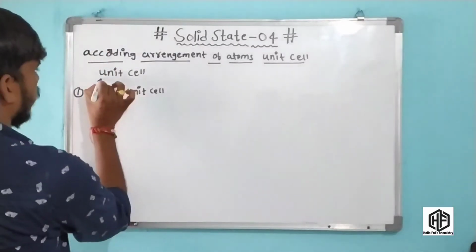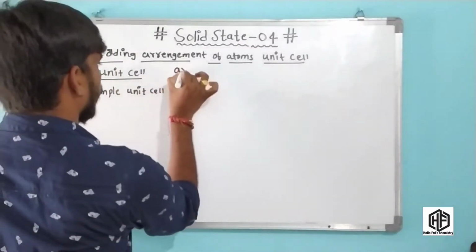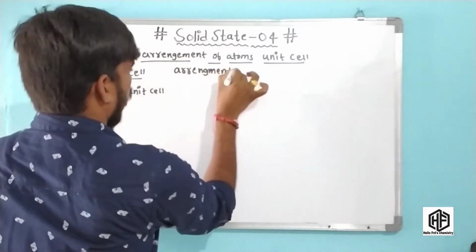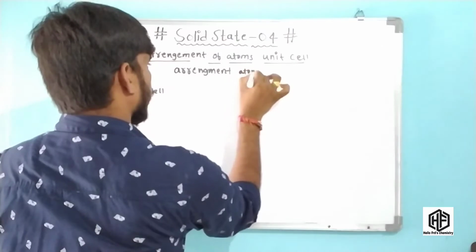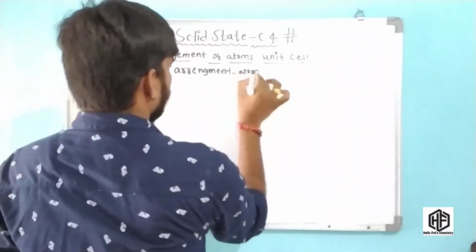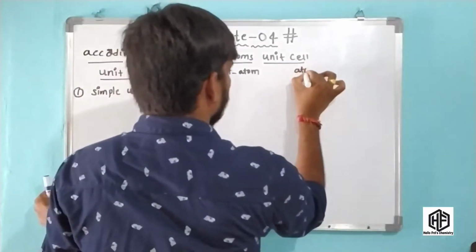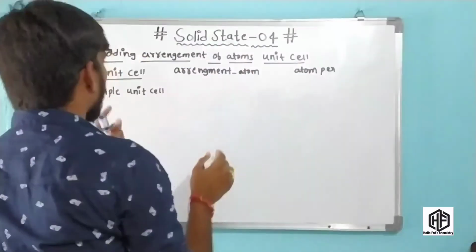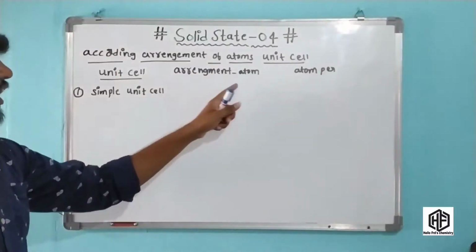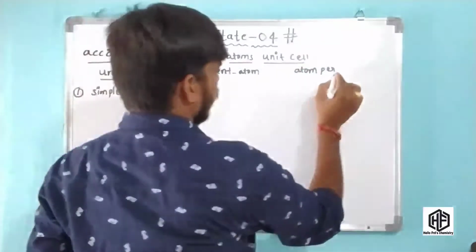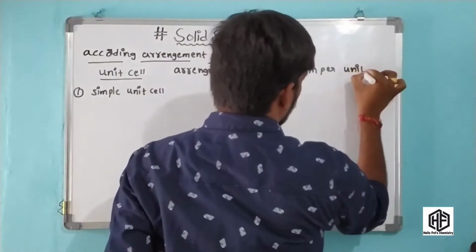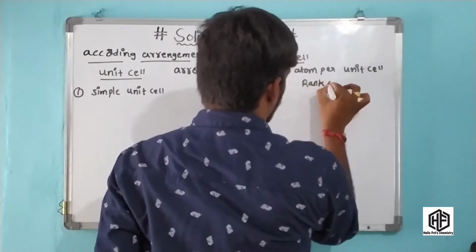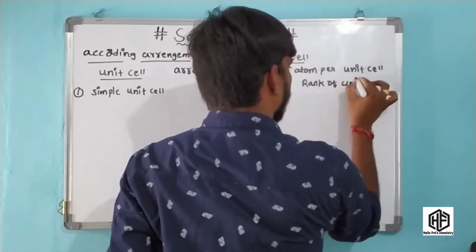Okay friends, this is the unit cell and the arrangement of atoms, and this is the table. I am representing the unit cell, the atom arrangement and the atoms per unit cell, which is called the rank of unit cell.